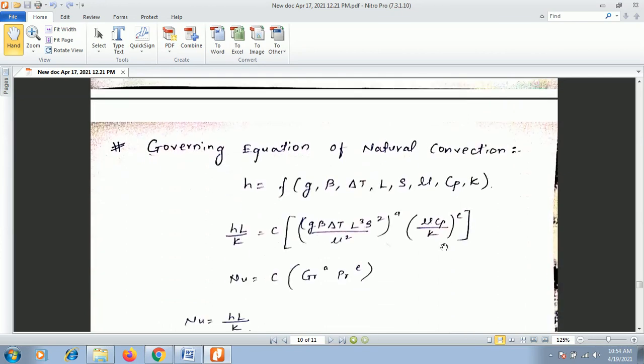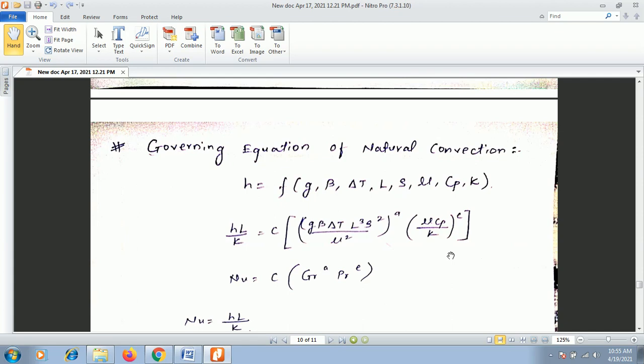So the governing equation of natural convection, in a similar way to forced convection, is also derived from dimensional analysis. The heat transfer coefficient h is a function of g, beta, delta T, L, rho, mu, Cp and k.